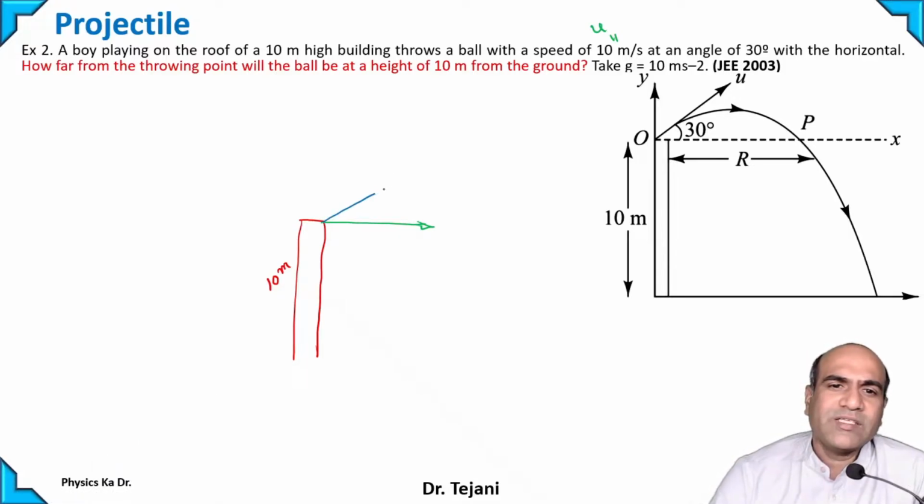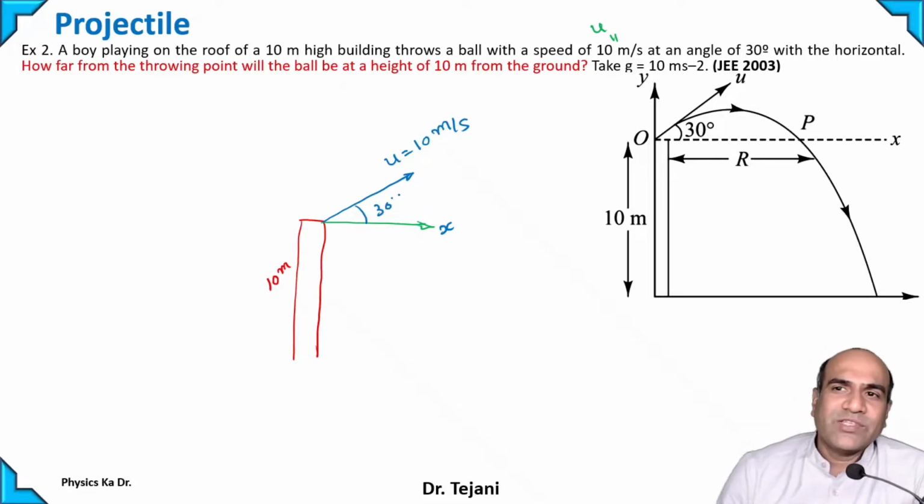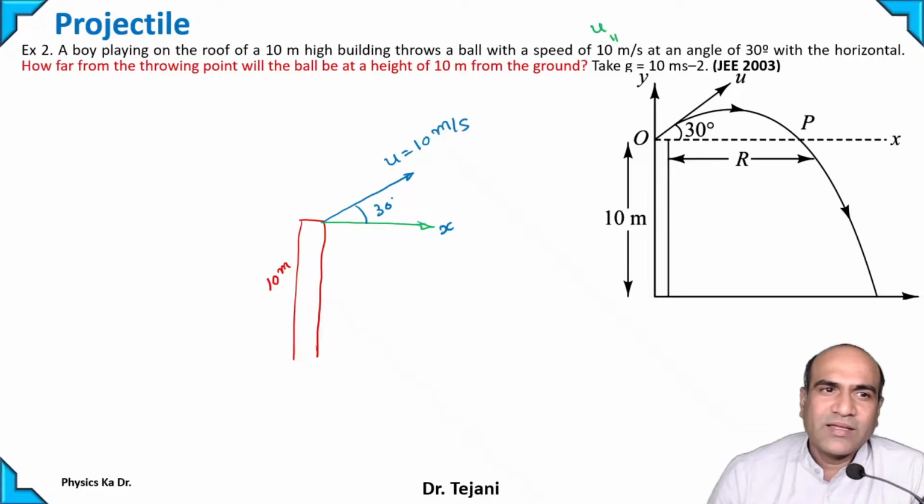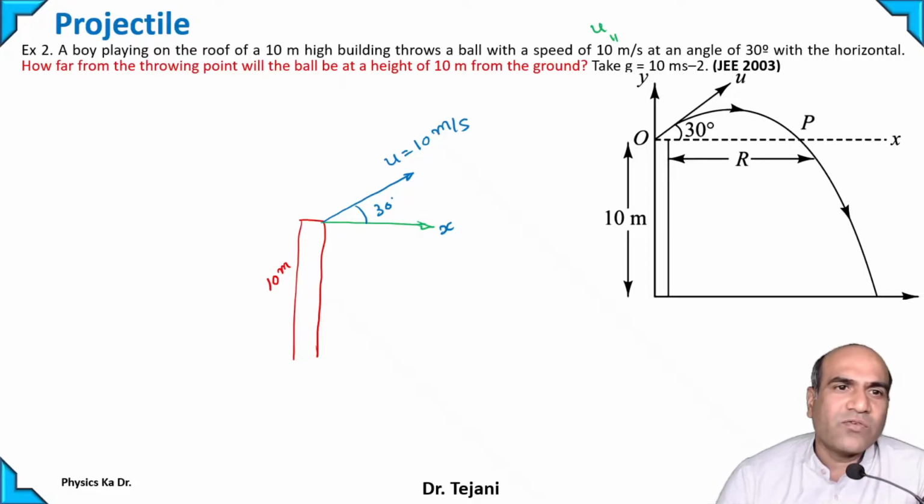What happened here? It is mentioned that along the x direction, the object is thrown with u equal to 10 meter per second. The velocity is given as 10 meter per second, and the angle is given as 30 degree with the horizontal. Now, how far from the throwing point will the ball be at height 10 meter from the ground?